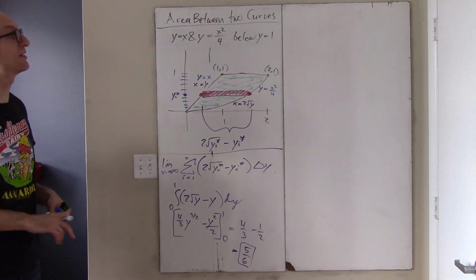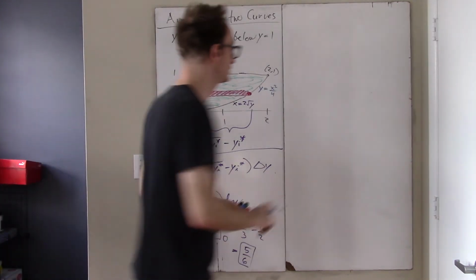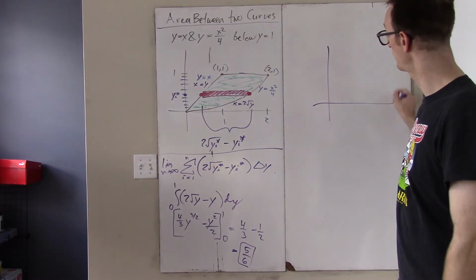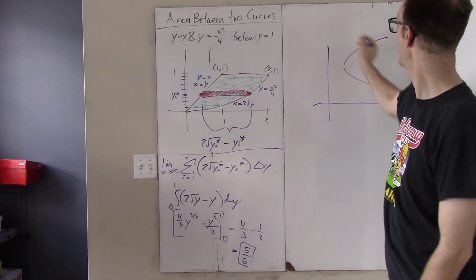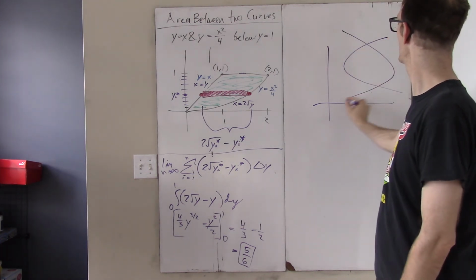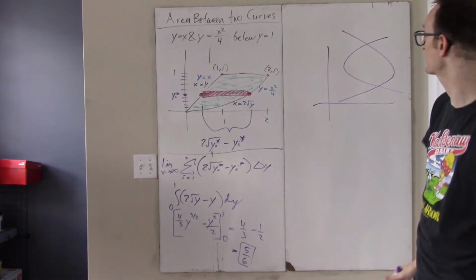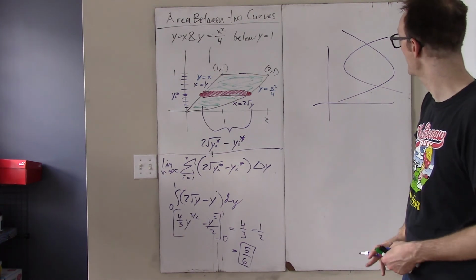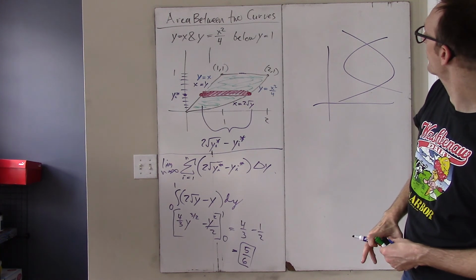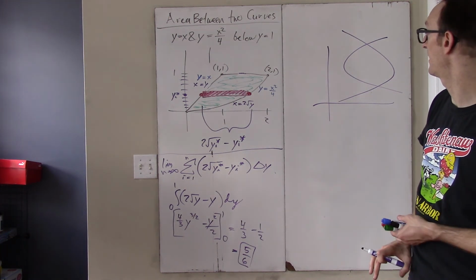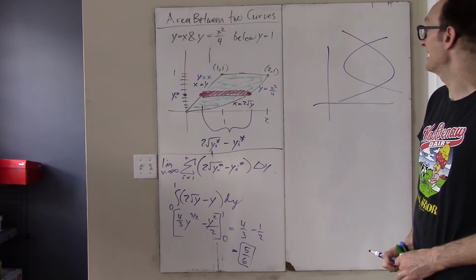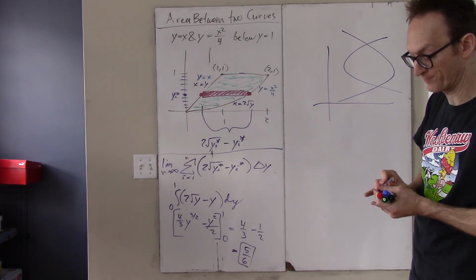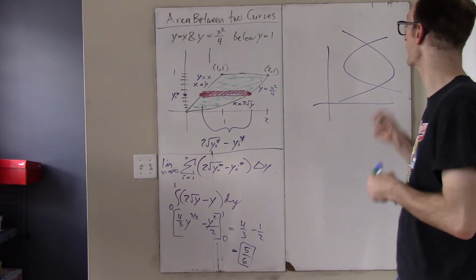Okay, but more generally, if you have some kind of shape that you want to find the area of, and if for some reason your picture looks like this, say, then it's going to be very awkward and annoying to try to divide this up into vertical rectangles.